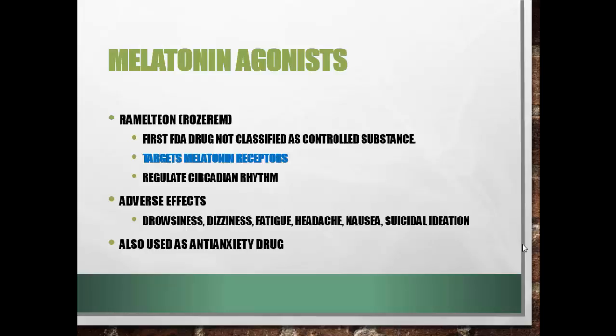It's not melatonin, but it targets their receptors and activates the melatonin receptors just like melatonin does. So it can help regulate the circadian rhythm and induce sleep. It's effective for that, as is melatonin, but they're both rather short acting, so they don't necessarily help a patient stay asleep once they're asleep.